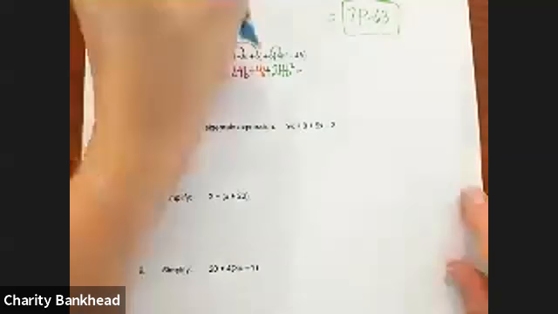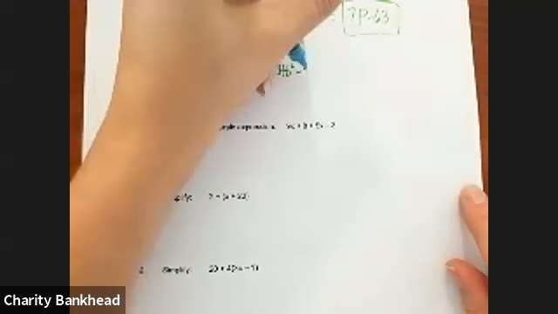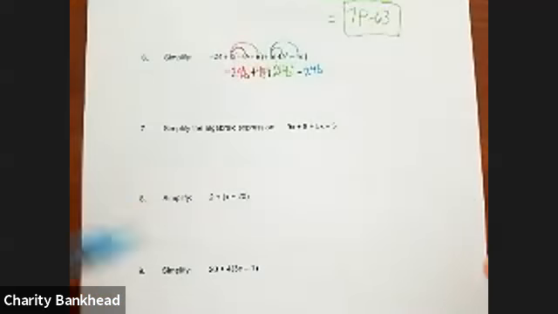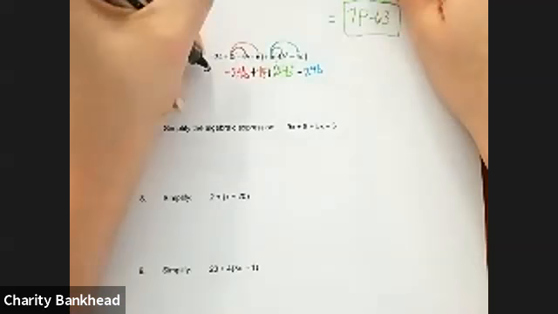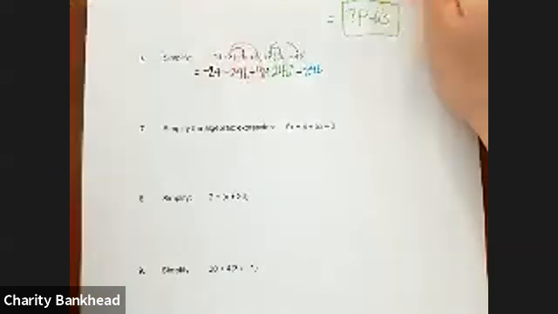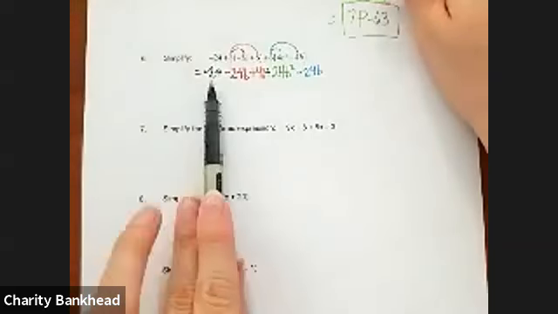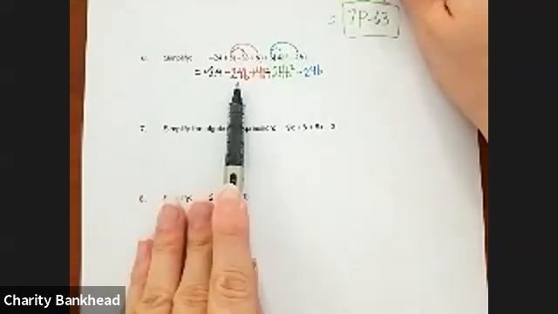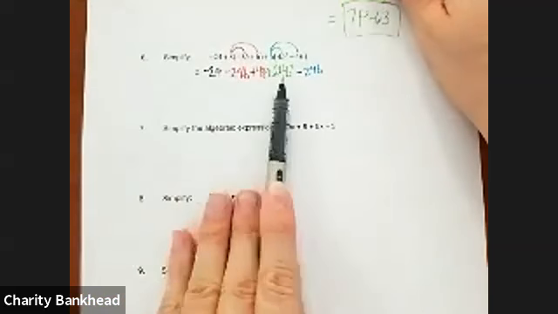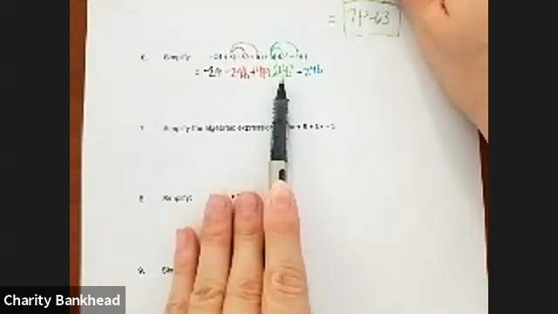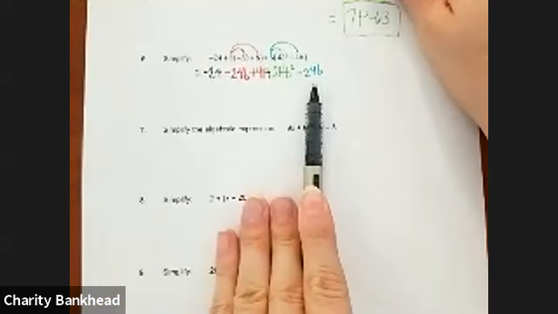So that'll be 24b. And then I'm just going to bring down the -24 that was in the front. So I have -24 minus 24b plus 48 plus 24b squared minus 24b.